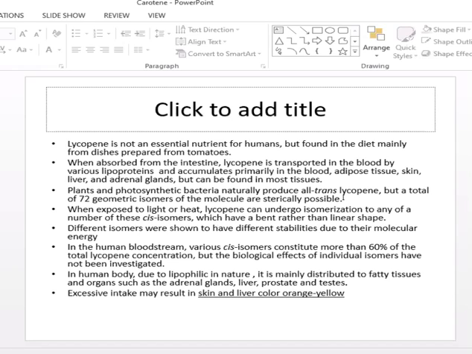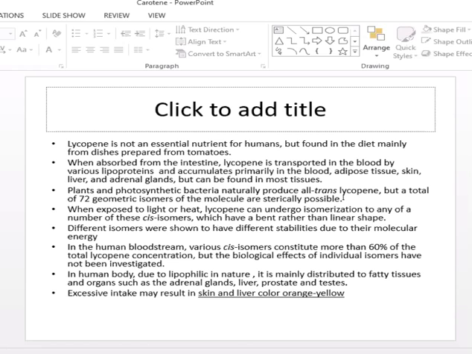So it's not very important as well as we get from the carotenes, which is finally converted into vitamin A. But although not significant, still ketchup is very popular in the current era. So all is based on the tomato. It is not necessarily an essential component, but if you are taking it, it's a supplementary.